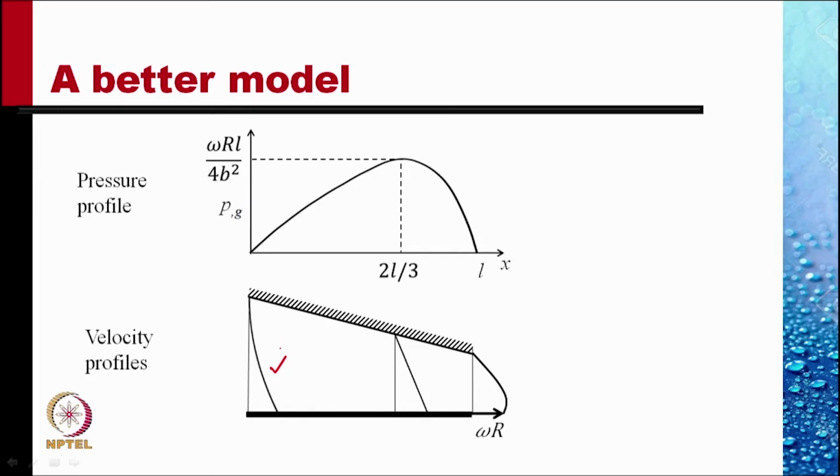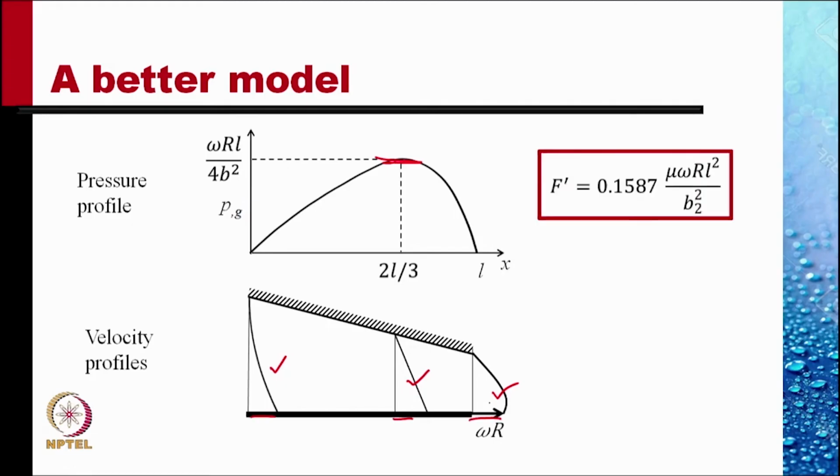At x is equal to 2L by 3, the pressure gradient is 0. And so we have a straight line profile. In the later third of the channel, the pressure gradient is negative. And we have a velocity profile which is typical of the negative pressure gradient.